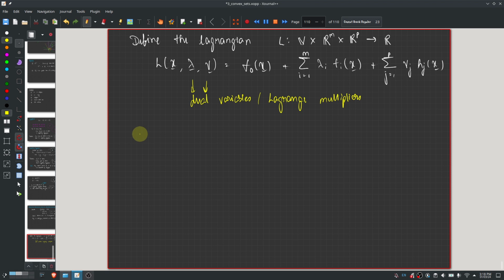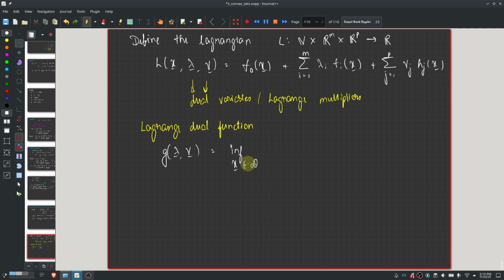Now, I'll also define the Lagrange dual function, which I'll call g of lambda, nu. This is going to be equal to the infimum over all possible x in the domain. The domain is basically where all the functions are well defined.